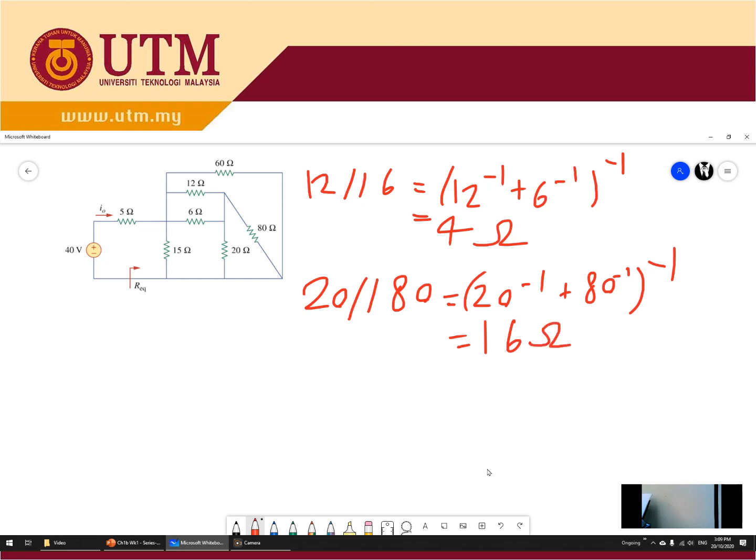Of course redraw again. Please redraw again, it's much easier for you to understand.